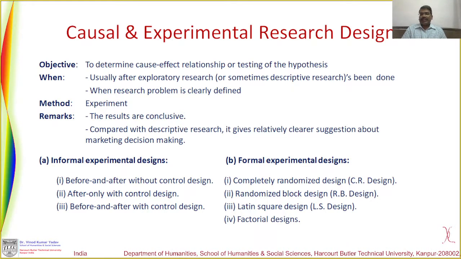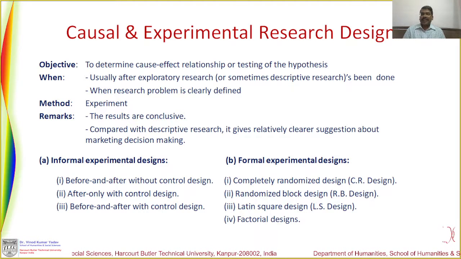Now, another very important type of research design is used when we have to test our hypothesis, or when you have certain variables which are interconnected, influencing each other, and you need to look at the relationship between those variables.